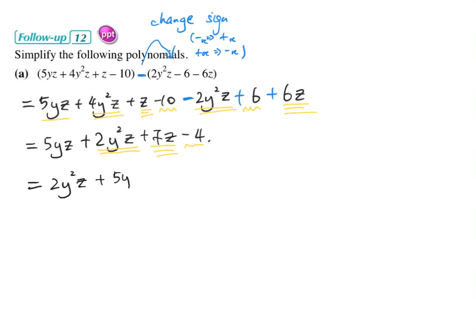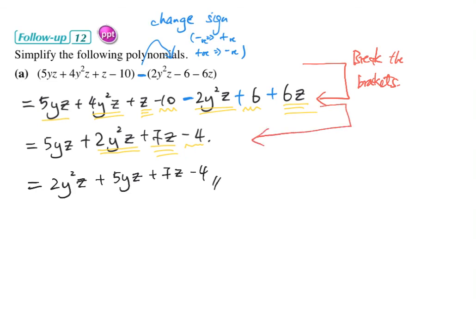And then 5yz degree 2, and then 7z minus 4. Okay, so again we are doing break the bracket. You see the bracket disappeared in the second line, and then we try to add like terms, and at last we arrange in order.